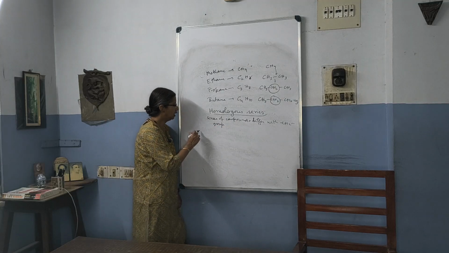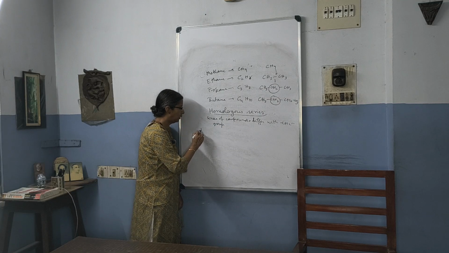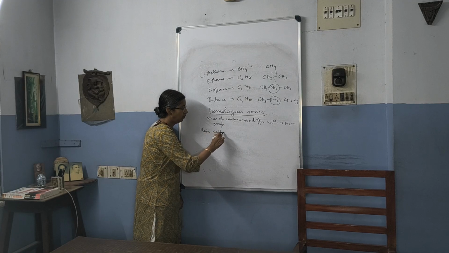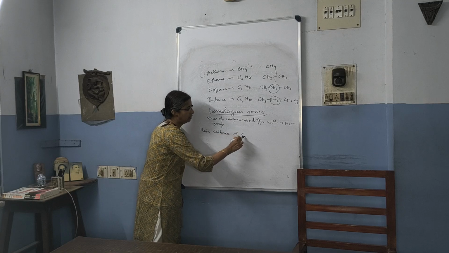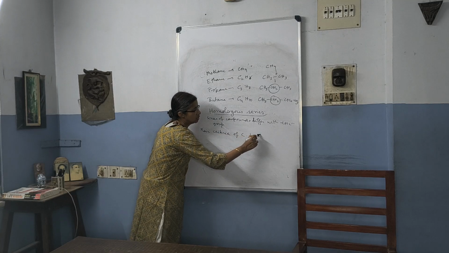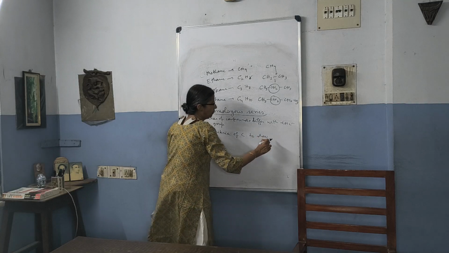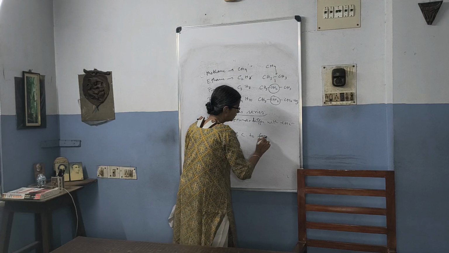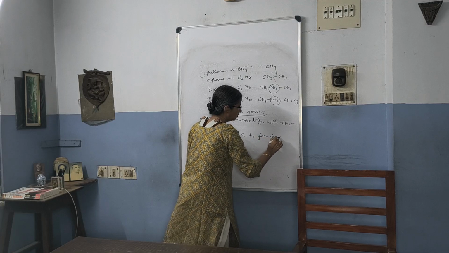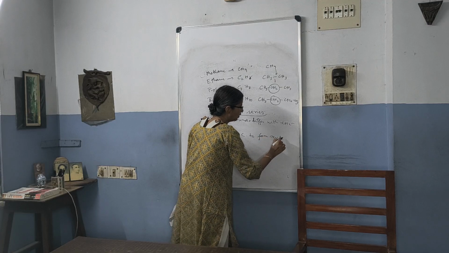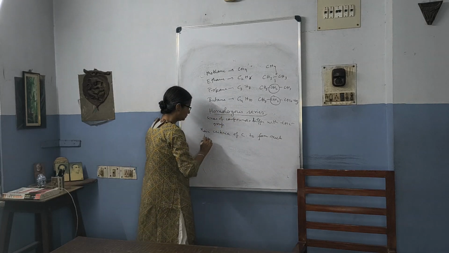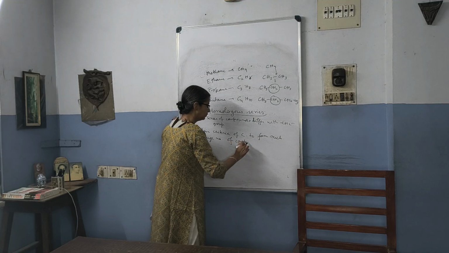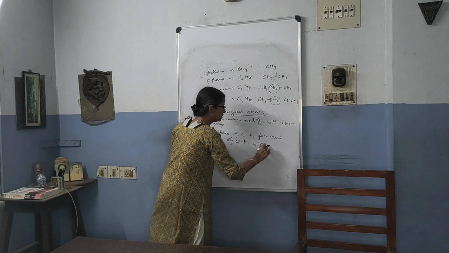And the main criterion for carbon to form such a huge number of compounds is catenation.